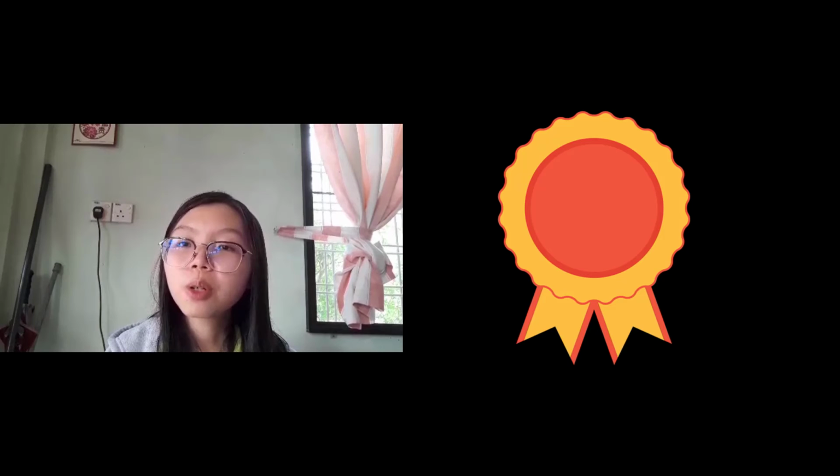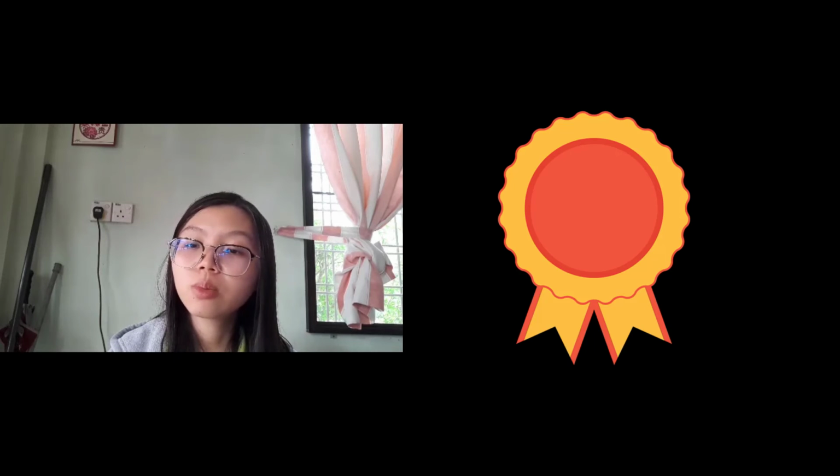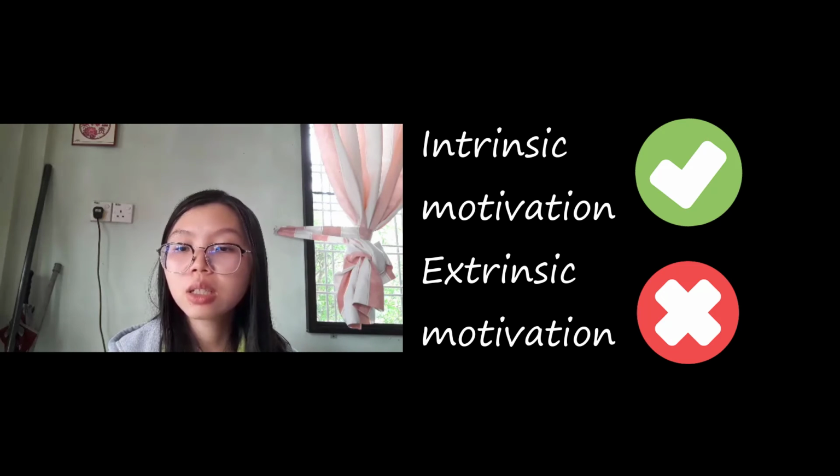The teacher promised an award to the students that achieved the highest score. The main objective of this was to motivate the students to really digest what they have learned and listened to, to ensure they score well in the quiz. This action has both pros and cons, but we do not encourage doing this repetitively.